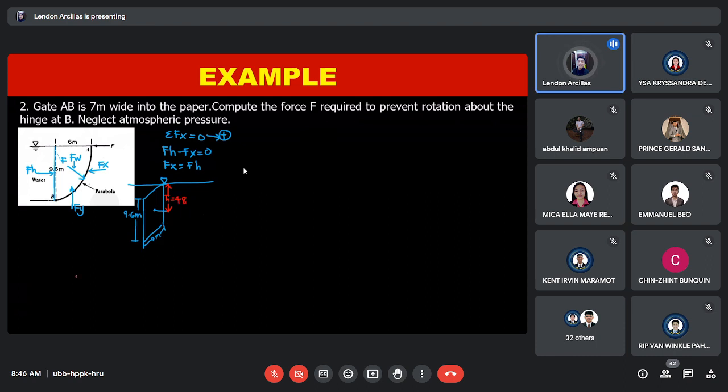So let's find first the hydrostatic force. F of x is equal to specific weight times h bar times the area. This is water, tama? 1 times 9.81 times h bar, 4.8 times area of the gate na naka-rectangular, 9.6 times 7. So f of x therefore is 3,164.314 kilonewton.